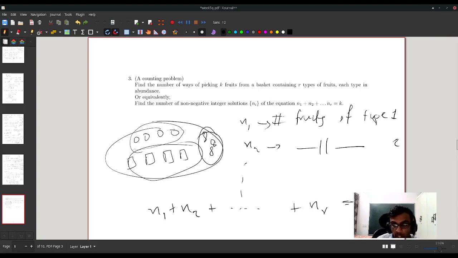So this problem can also be stated as finding the number of non-negative integer solutions to this equation.